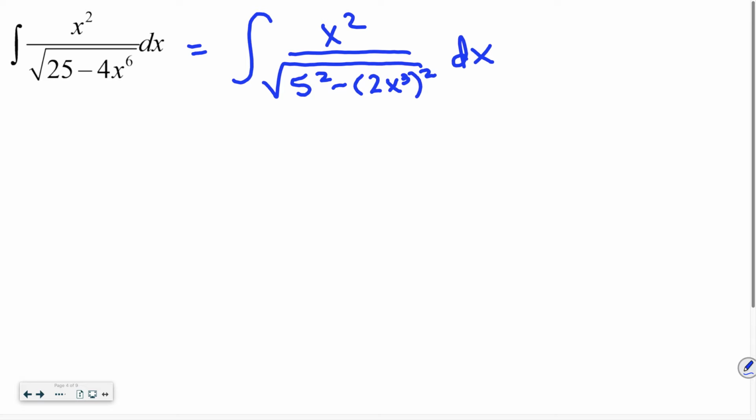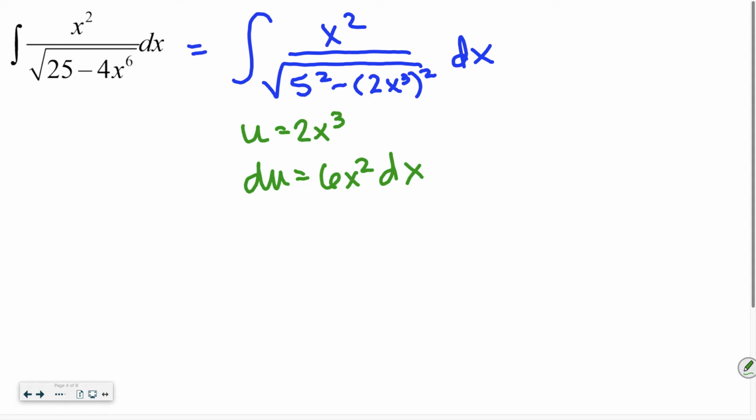Yeah. Okay. So then if I really wanted to make it look exactly like the arc sine rule that we wrote down, we would want u to be 2x cubed, which means du would be 6x squared dx.